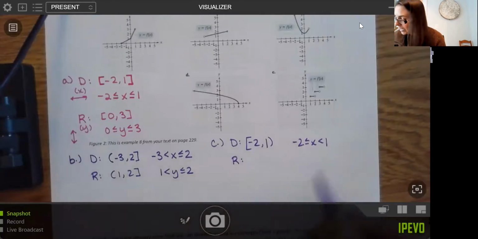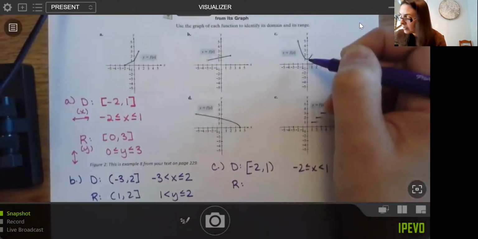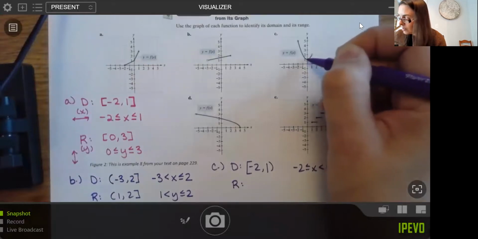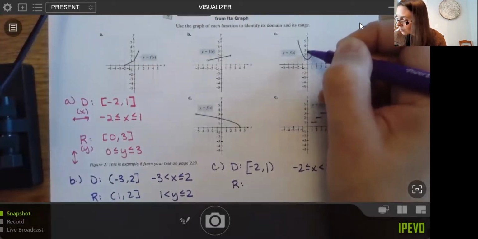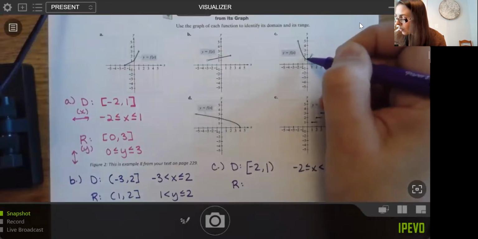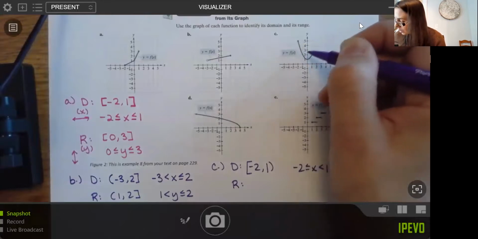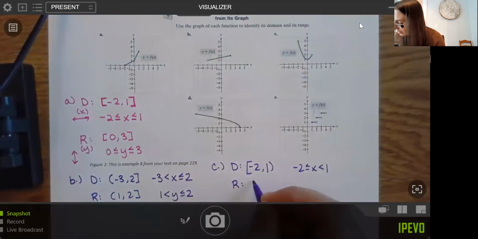And then for our range, we go down to 1. Now there's no endpoint there, but it touches 1, so that's going to be included. And it goes up to 5. Now I know there's a hole here, but when we go upward, we do actually hit the 2 values. See how we hit it over here? So all those values in between are included. So I'm going from 1 to 5.